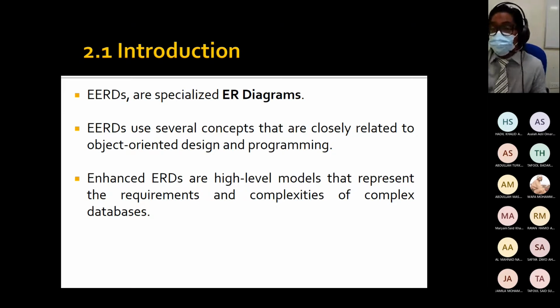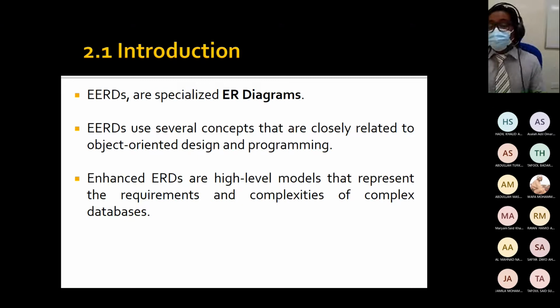But then there are also some instances where the EERD is much more suitable for us to start with developing the database, because this is a specialized kind of tool that we can easily understand the totality of the system with, other than showing the flow, like a data flow diagram. This one is also specialized in giving much more detail when it comes to inheritance. We will study that inheritance a bit later.